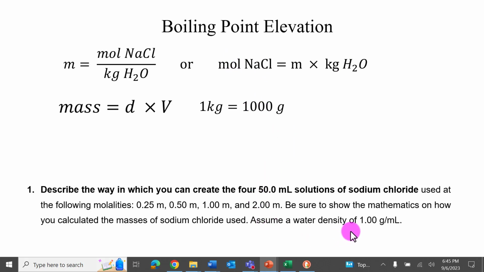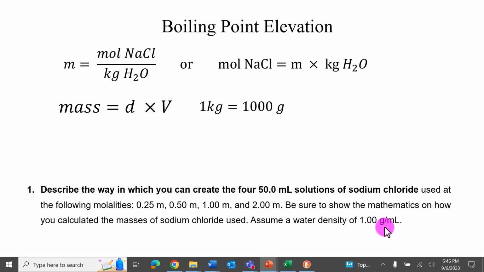Well, in the problem, we're told 50 milliliter solutions. So we assume that 50 milliliters is also the volume of the water, and we have a density of 1 gram per milliliter. Since we have a density and a volume, we can then calculate the mass.